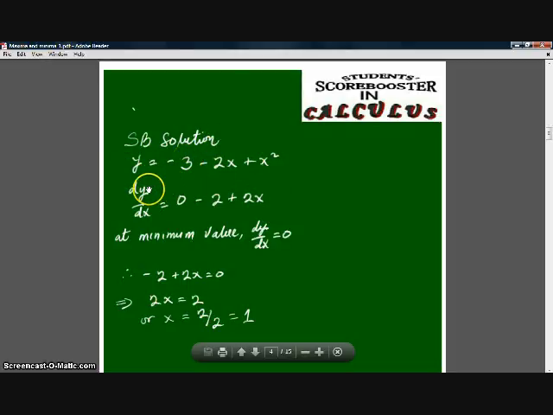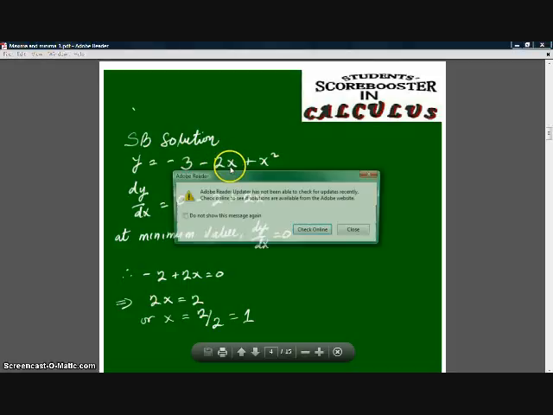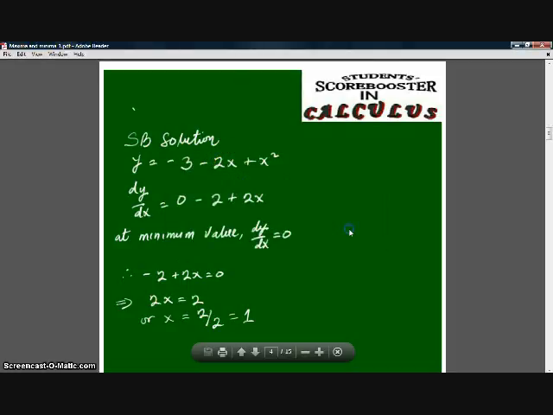So we have dy/dx equals, if you differentiate a constant, it is 0. Differentiate 2x, I hope we can still remember differentiation. So if you differentiate 2x, you're going to get 2, right? And if you differentiate x squared, you're going to get 2x.